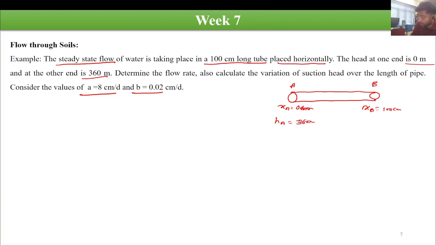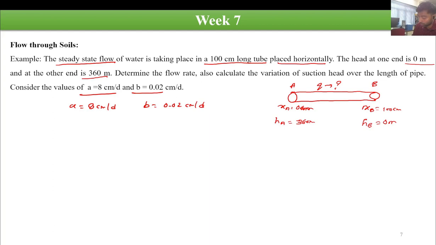Head is higher at A, and HB is equal to 0 meter. Then we need to determine the flow rate Q. The value of A is 8 centimeter per day and B is 0.02 centimeter per day.